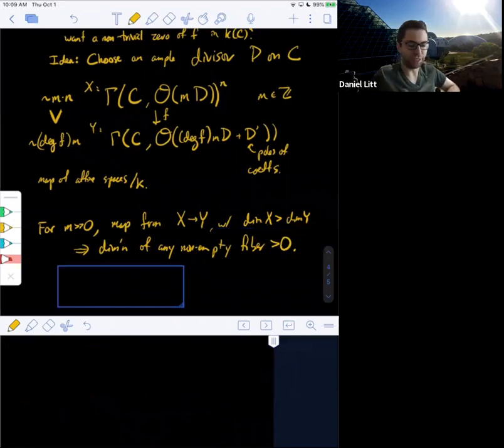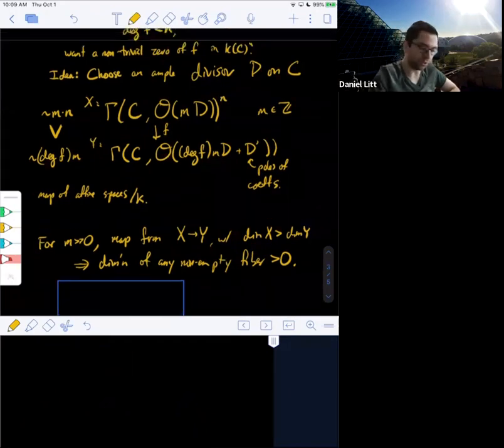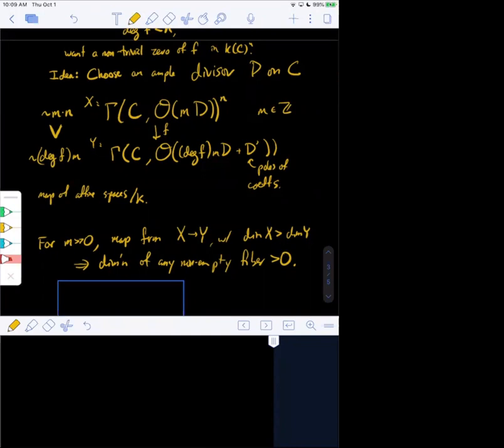So what are we interested in? Which fiber of this map? We're trying to produce a 0 of f. So that's the fiber over which point of our target space, y? Zero.